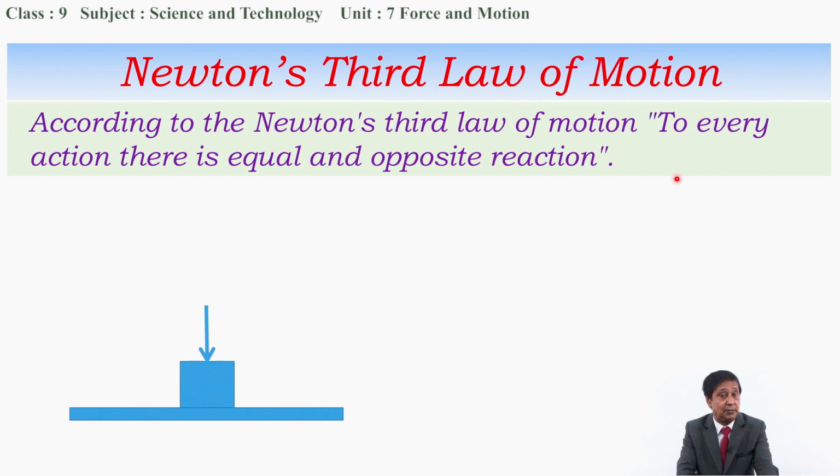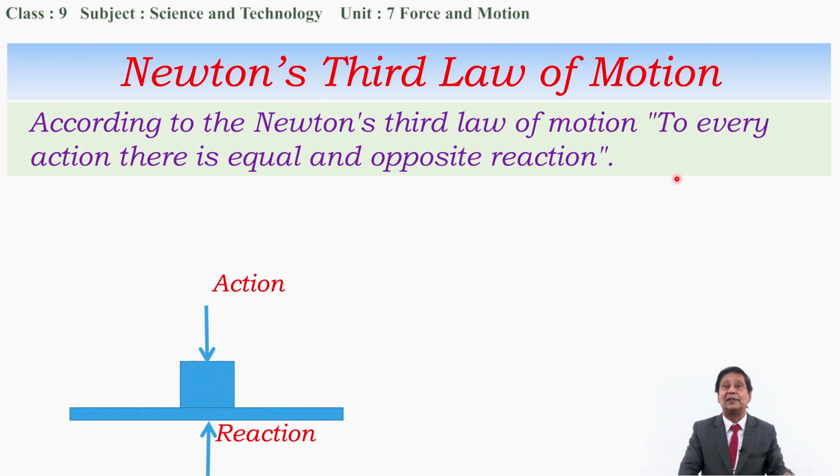This is the direction of the force. And don't think that only the first applies force on the second, but the second also applies force in the opposite direction on the first one. The force applied by the first object on the second is called action, and the force applied by the second on the first is called reaction.